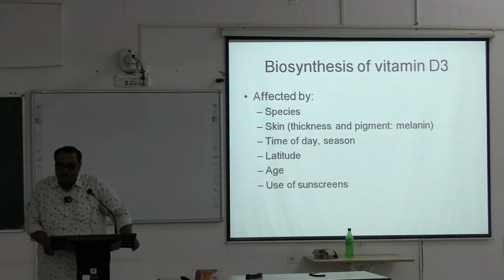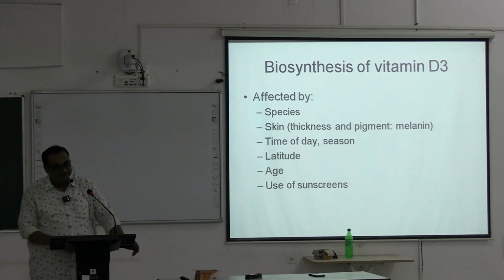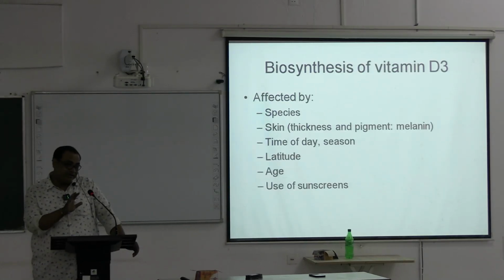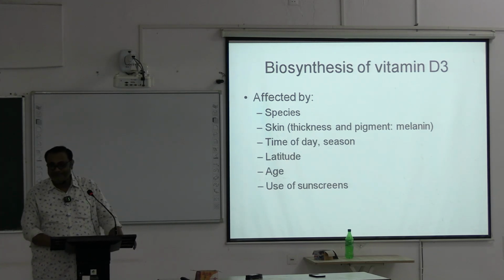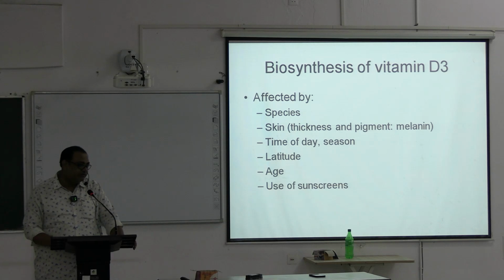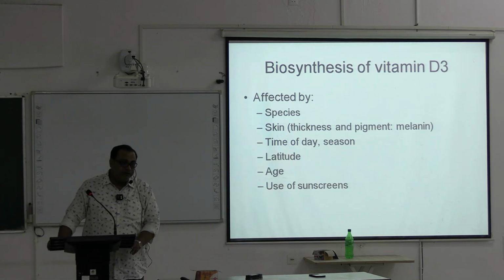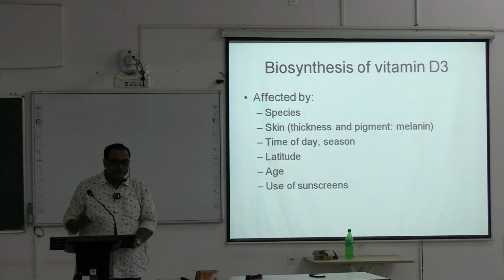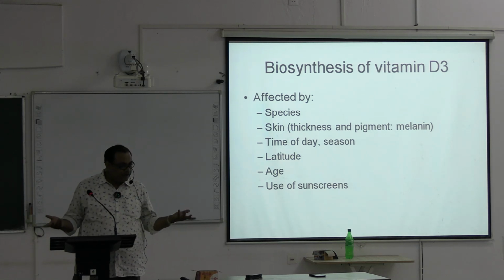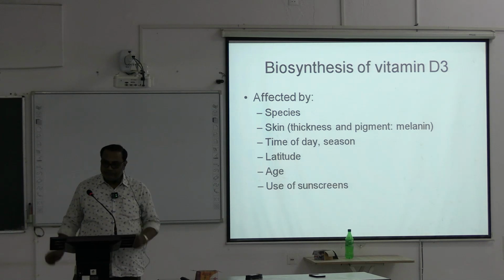They are exposed to sun for 6 months. If Tom Cruise is exposed to sunlight for 6 months, he would have been darker than now. That's why Eskimos have darker pigmentation, because those poles are exposed to sunlight 6 months together. 6 months day, 6 months night. You have to see only the watch. You cannot see the sky. The whole 6 months will be day, another 6 months will be night.